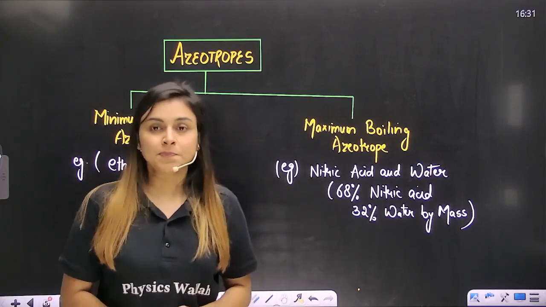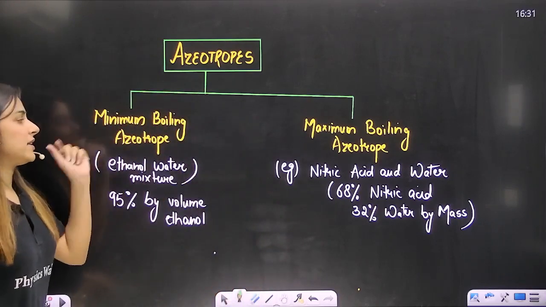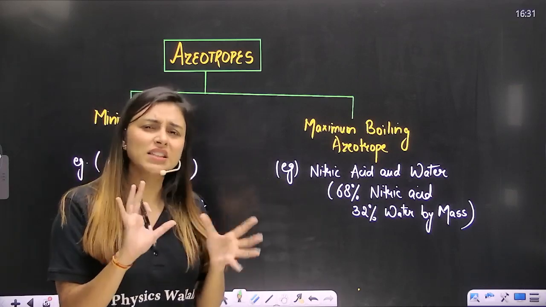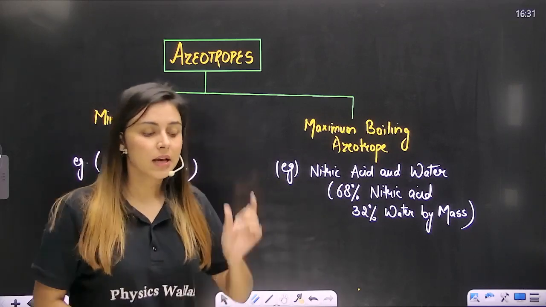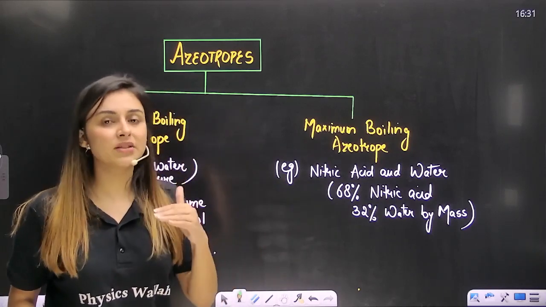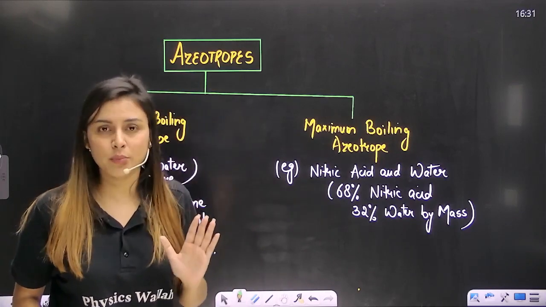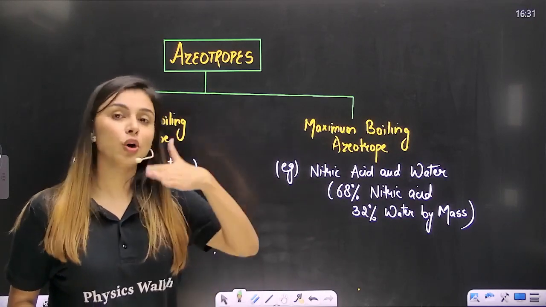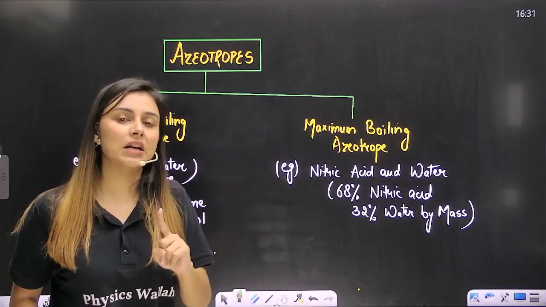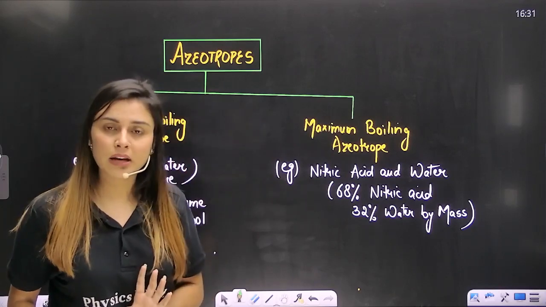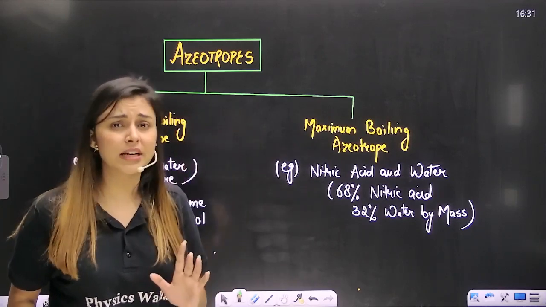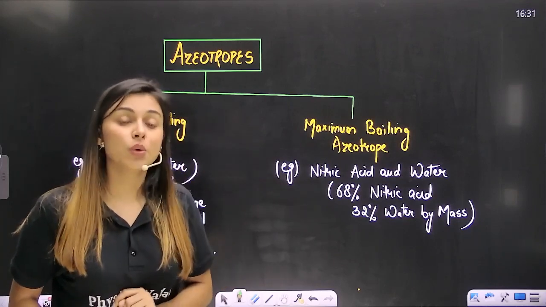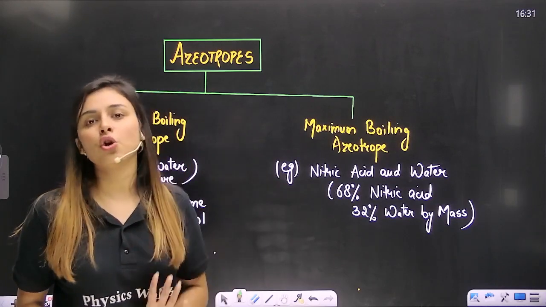See, minimum boiling azeotrope means the azeotropes which will boil at a minimum boiling point, a very low boiling point. If the boiling point is very low, this means that the vapor pressure would have been very large. And if the vapor pressure is very large, this means that they must be positively deviated non-ideal solutions.